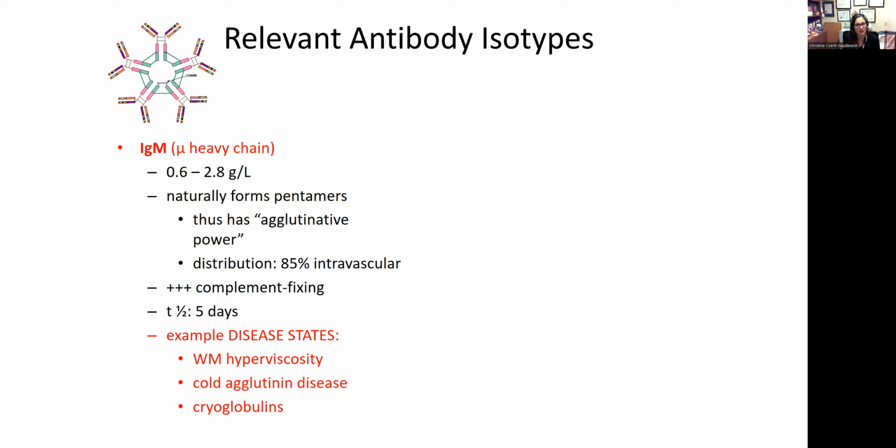This is why IgMs are called cold antibodies. Waldenstrom's macroglobulinemia, if you are suffering from this clonal condition and secreting a lot of clonal IgM, this IgM, if it's pentamerizing, can increase the serum viscosity and cause viscosity-related pathologies.